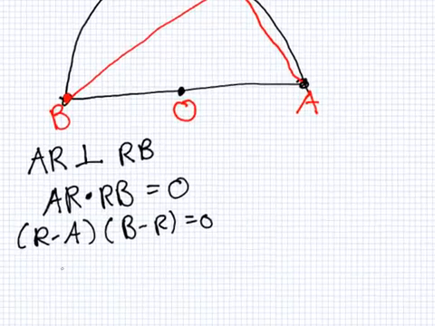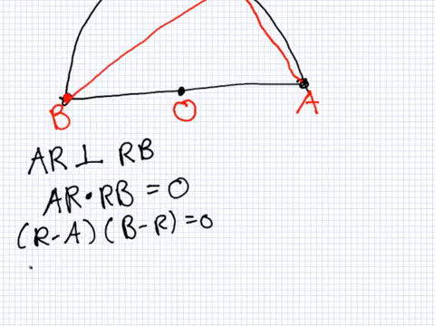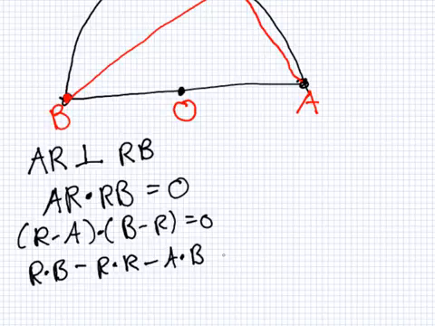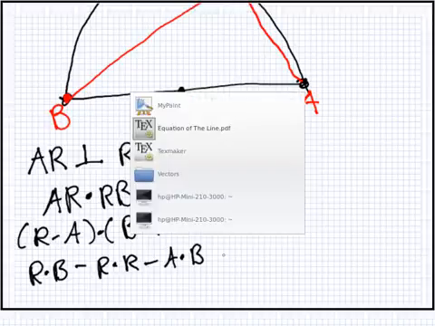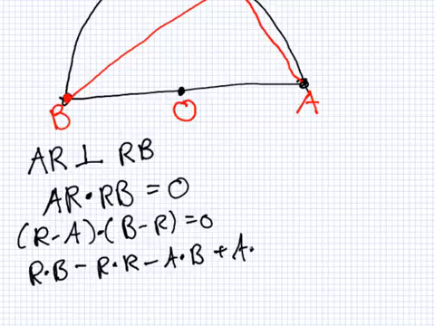So we can multiply these out, because it was one of the proofs earlier, which we did a little bit of, that vectors expand like regular multiplication. So we get R dot B minus R dot R minus A dot B plus A dot R. We want to show that equals 0.